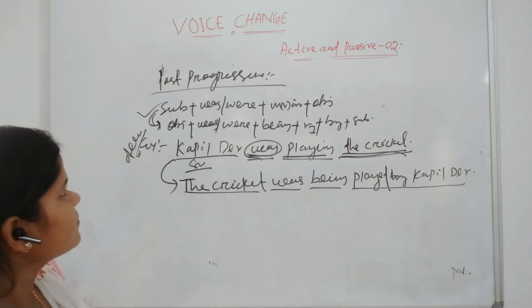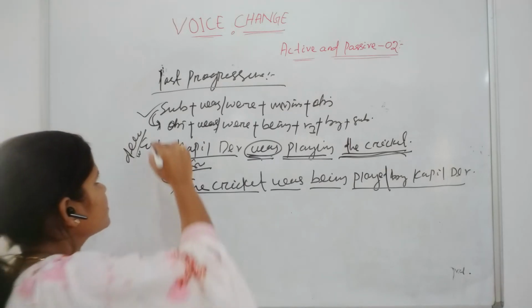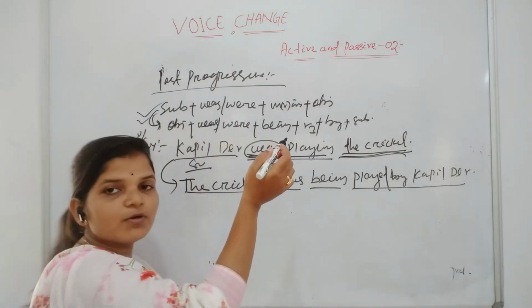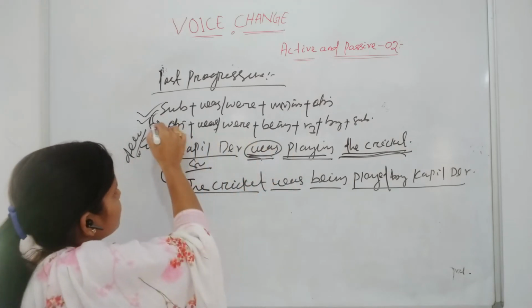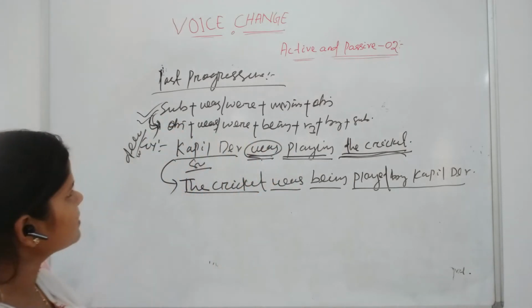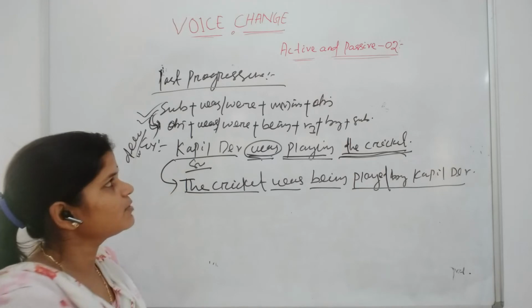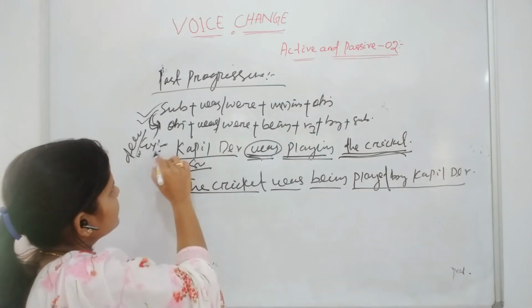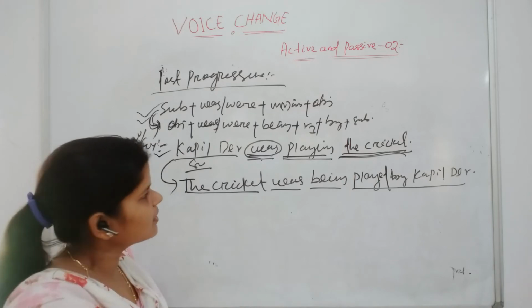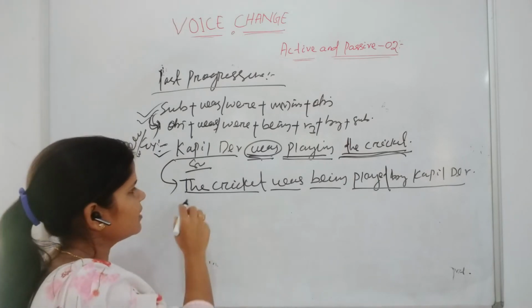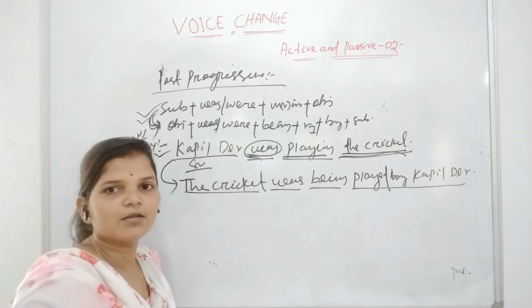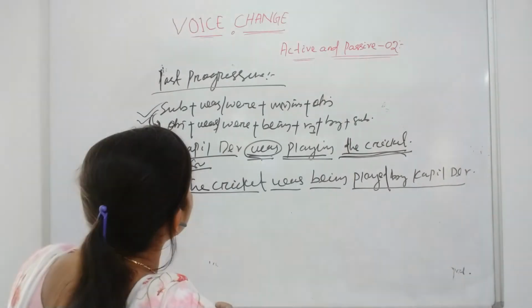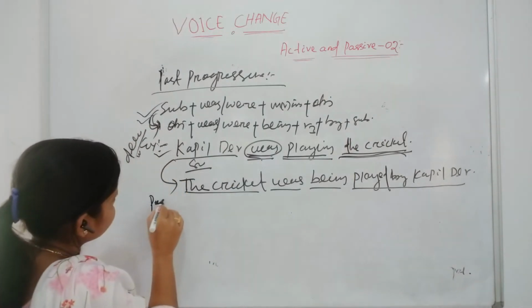The past progressive active structure is subject plus was/were plus verb-ing plus object, whereas converting to passive, the structure is object plus was/were plus being plus V3 plus by plus subject. Example: Kapil Dev was playing the cricket; in passive, the cricket was being played by Kapil Dev. Now we discuss past perfect.